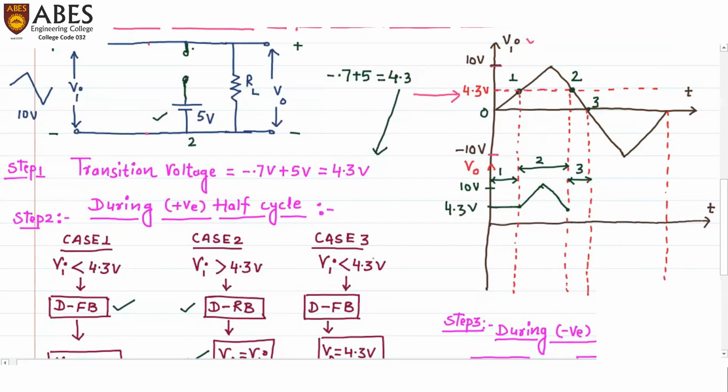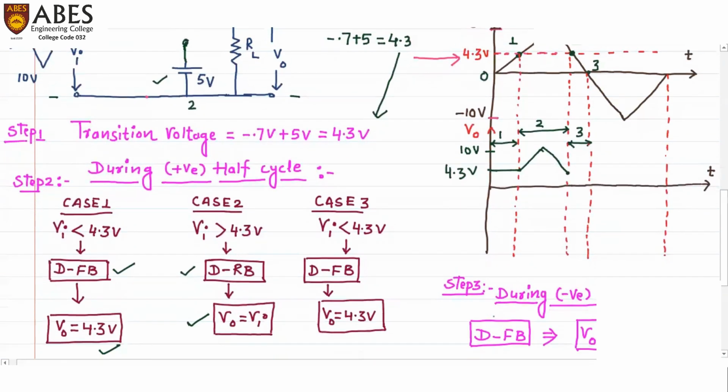Now let's take case number 3. Case number 3 and case number 1 are similar. So here in case number 3, the diode will be forward biased, as we discussed. And when the diode is forward biased, we get V naught equal to 4.3 volts, which is equal to the transition voltage.